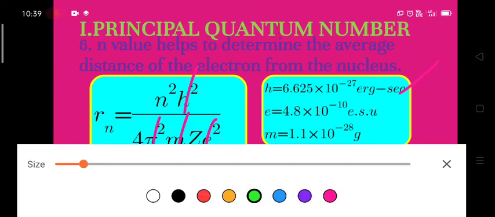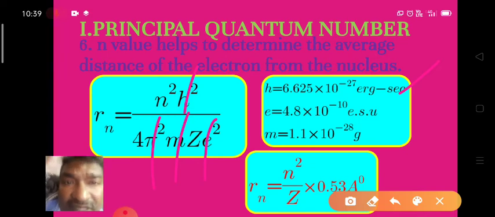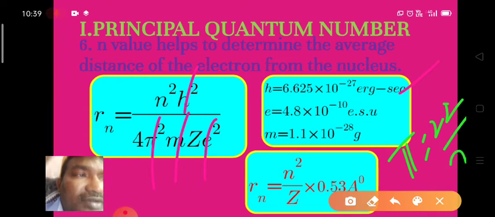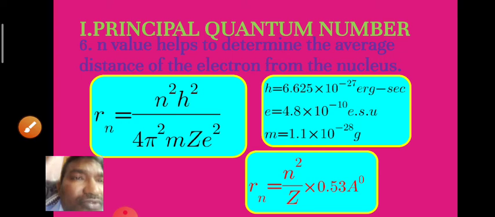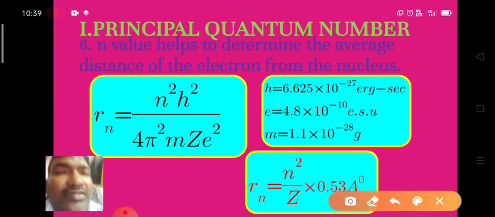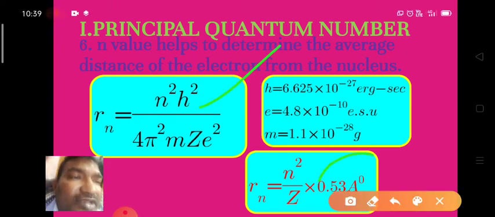The mass of the electron is 9.1 × 10^-28 grams. And we know the pi value, that is 22 by 7, otherwise 3.14. When we substitute all these values in this radius equation, we get r_n = n²/Z × 0.53 angstroms.